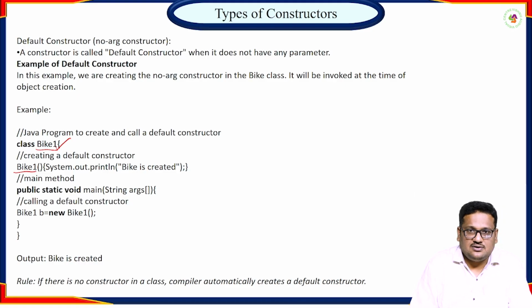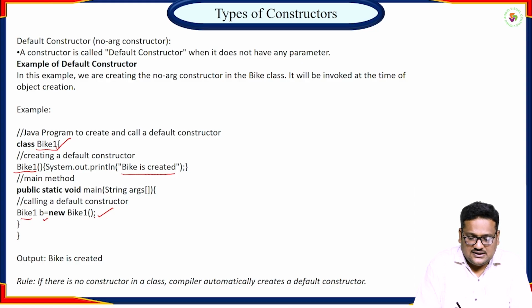So this is the first rule. The class name and constructor name should be the same. This constructor also looks like a method, which is giving the statement "Bike is created". We invoke a constructor at the time of object creation. If you observe this statement, b is the object of the class, new Bike1.